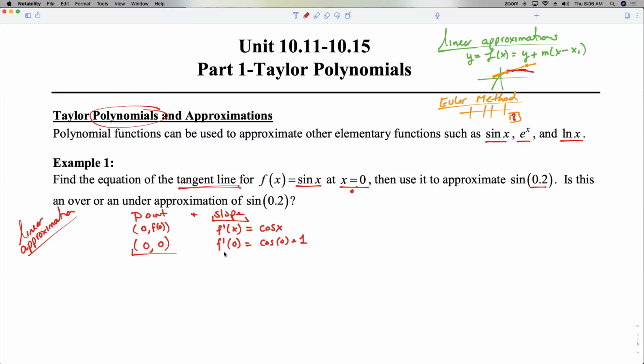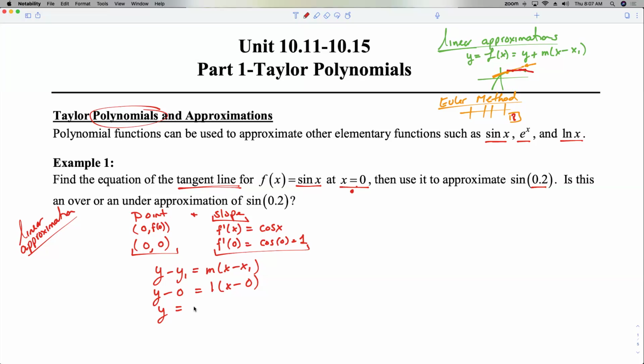Now that we have our point and our slope, we can use point-slope form: y minus y1 equals m times x minus x1. Plug in what we got: y minus 0 equals 1 times x minus 0.